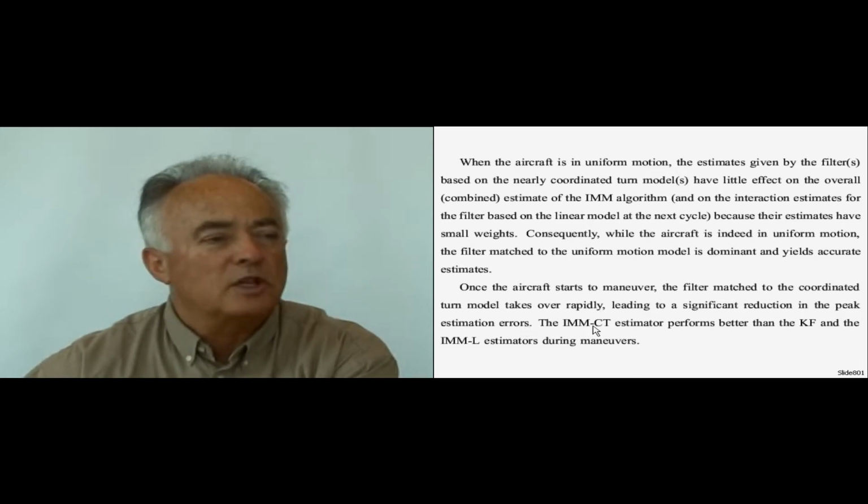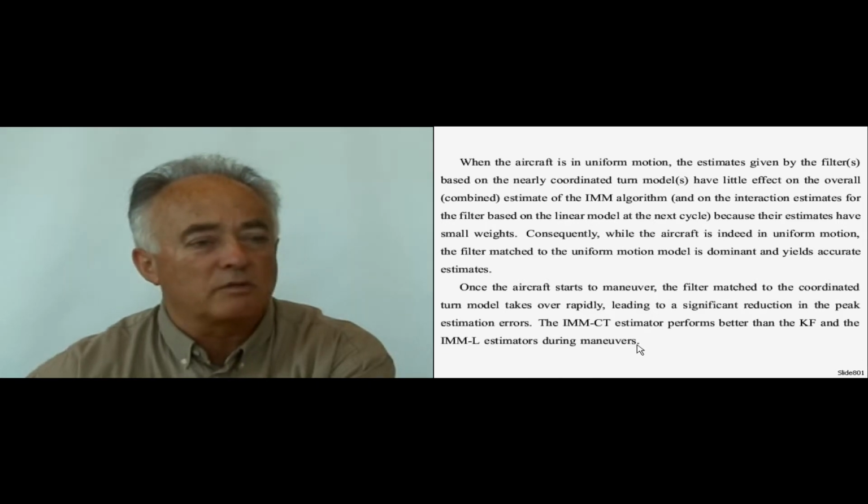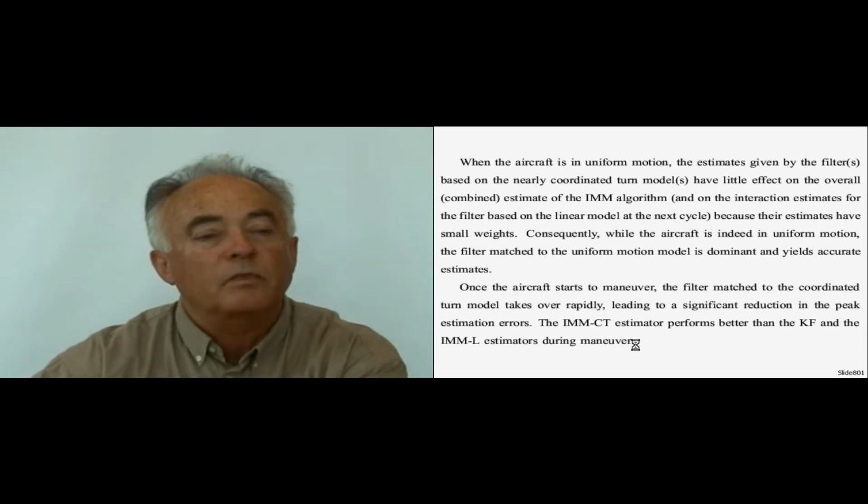And the IMM-CT estimator performs better than Kalman and IMM-L during maneuvers. This is where it has the biggest advantage. Nevertheless, it is remarkably accurate in its ability to reduce the errors during the uniform motion as well.